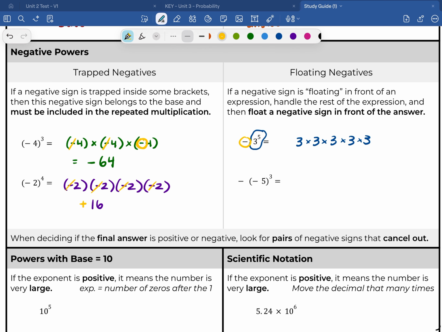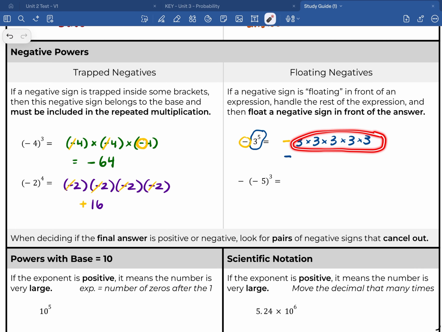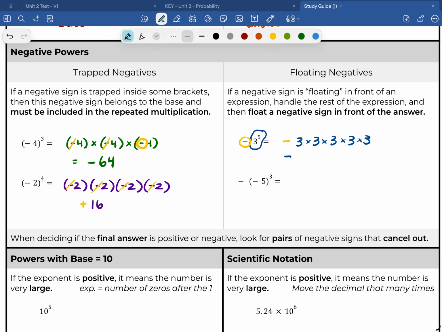And then because we had this floating negative right in the front, we are going to float that negative in front of our expanded form. So we see that the negative only appears once. It doesn't appear with the 3 every time. And so now what we'll get is that negative sign and whatever 3 to the power of 5 actually is, which should give us 243. So this time our answer is negative overall.